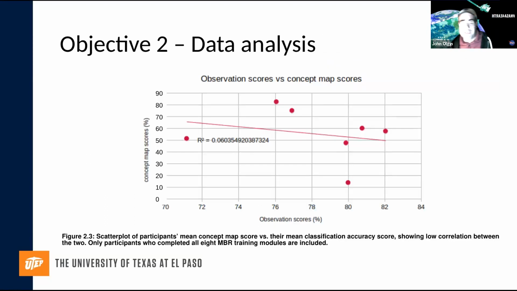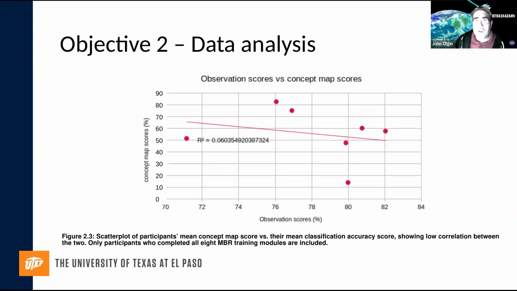I wanted to see if there was any correlation between the observation scores and how well they did on their concept maps for the model-based reasoning group. Using that rubric, I would grade them, and there doesn't seem to be much of a correlation.